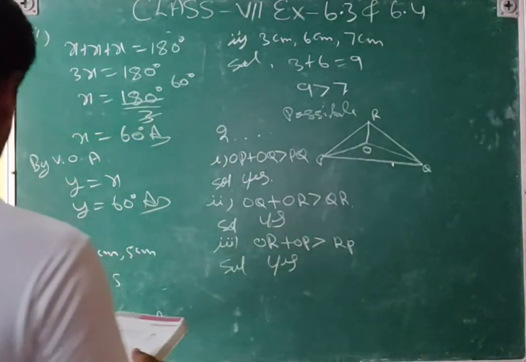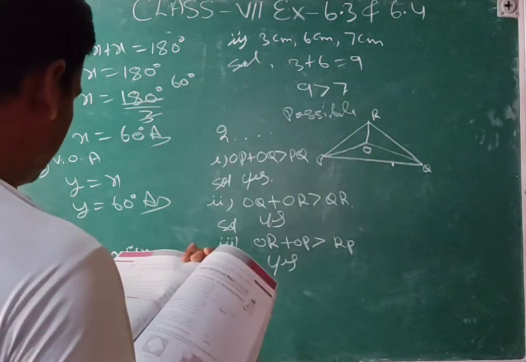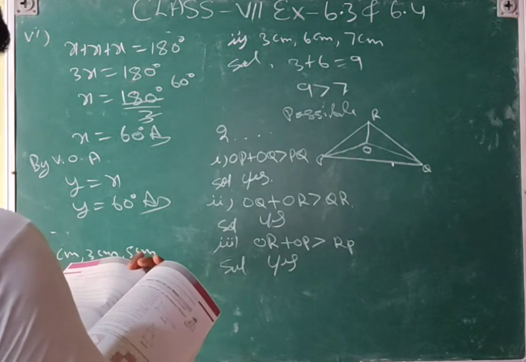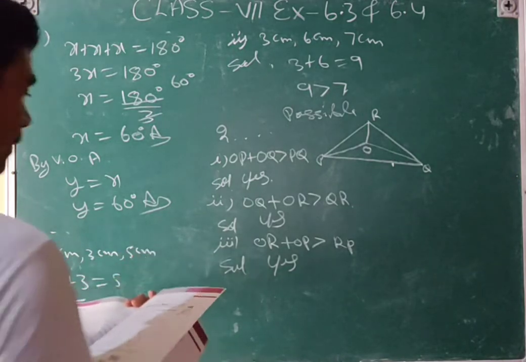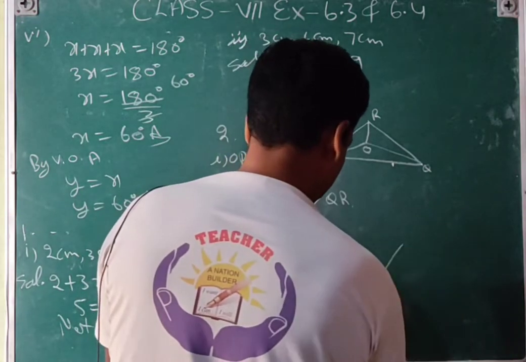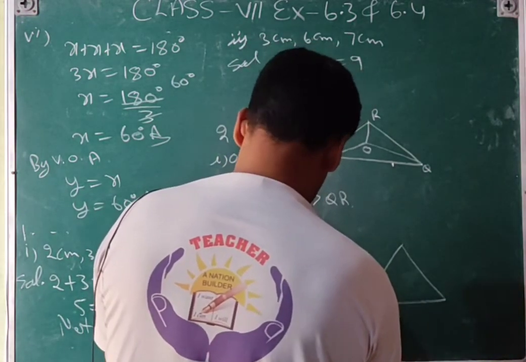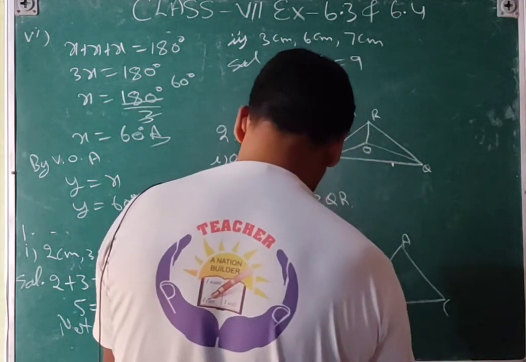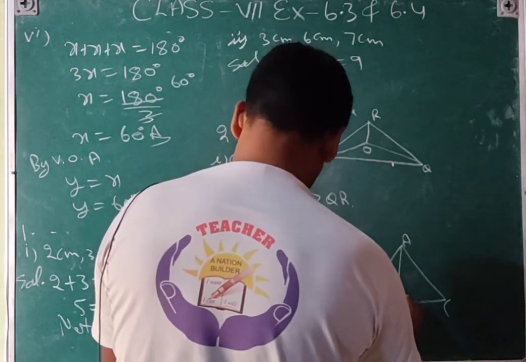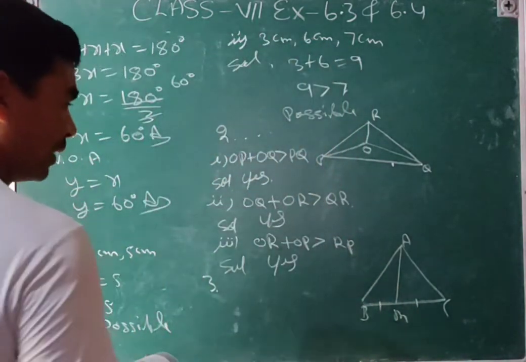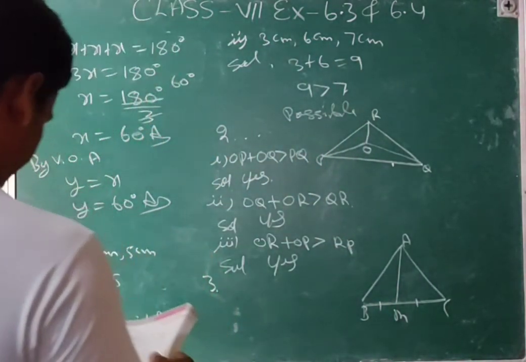And then third question: AM is a median of triangle ABC. You can see the diagram also. A, B, C, and this is the median M. It means these two lines are equal, BM is equal to CM.